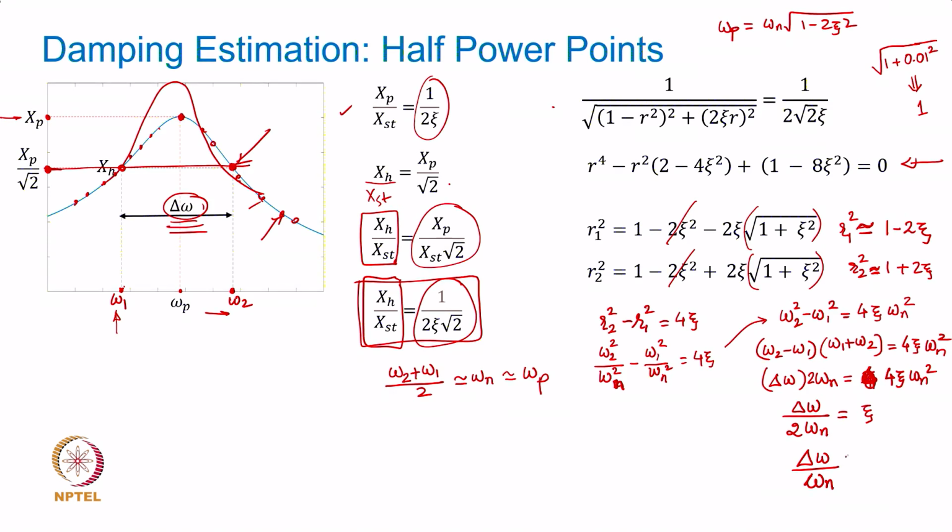So, therefore, this delta omega over omega n, with the slight assumption that I mentioned, I write this as equal to 2 zeta. The other way to write this same expression is omega p by delta omega is 1 over 2 zeta, which itself has been defined by us as quality factor.